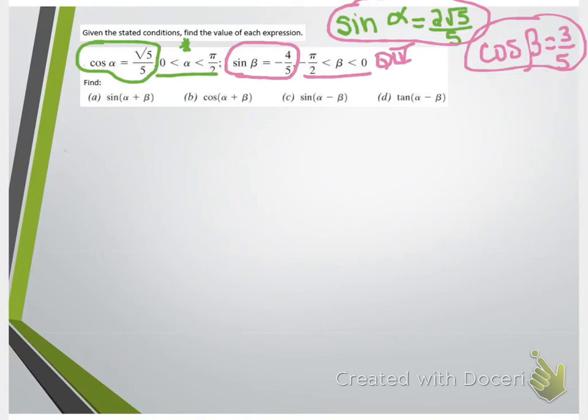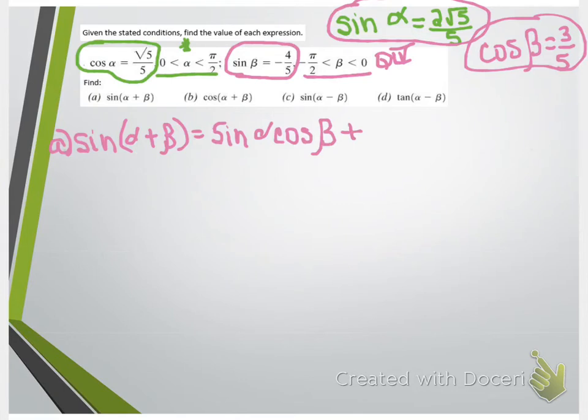Let's do A. Let's do sine of alpha plus beta. So you pull up your formula. Your formula is what? It's the sine of alpha cosine beta plus cosine alpha sine beta.